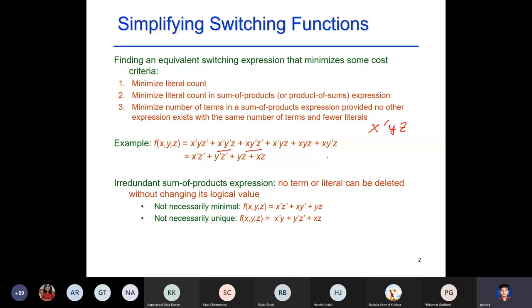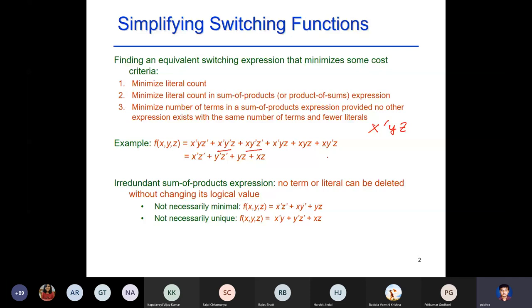What is a true min term? If you have all these min terms, how many possible min terms are there? If there are n variables, there are 2 to the power n min terms possible, because each of the variables can be either complemented or not complemented.